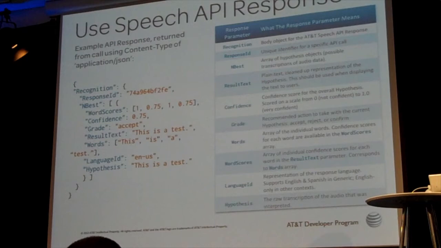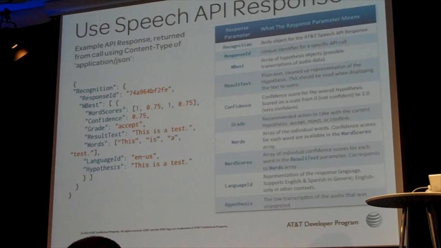If it's something that we're not entirely sure of, like let's say one of the words was a 0.1 confidence score, because each of these individual words has their own confidence score, we may say, hey, you need to confirm this with the user. So the grade will actually say confirm. And at that point, you're requested to show that text to the user and say, is this what you said? Or otherwise, ask them to say it again.